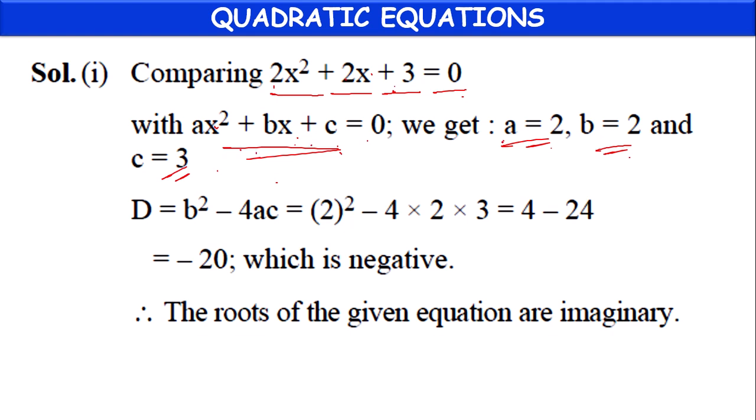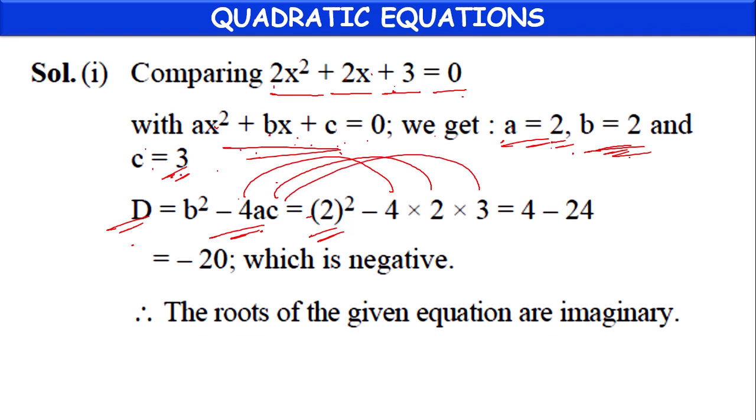If we substitute the a, b, c values in the discriminant, d equals b square minus 4ac, we get 2 square, 4 into 2 into 3. 2 square equals 4, 4 into 2 is 8, 8 into 3 is 24, 4 minus 24 equals minus 20, which is negative.